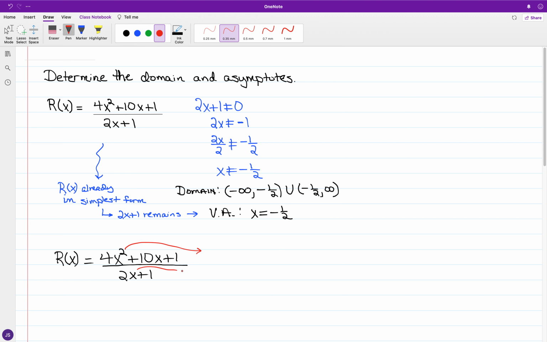For the degrees, in the numerator we have the degree n equal to 2. In the denominator, stemming from x, which is first order, we have that m is equal to 1. So we have that n is greater than m by 1 degree. And so this is going to signal that we're going to have a slant asymptote.